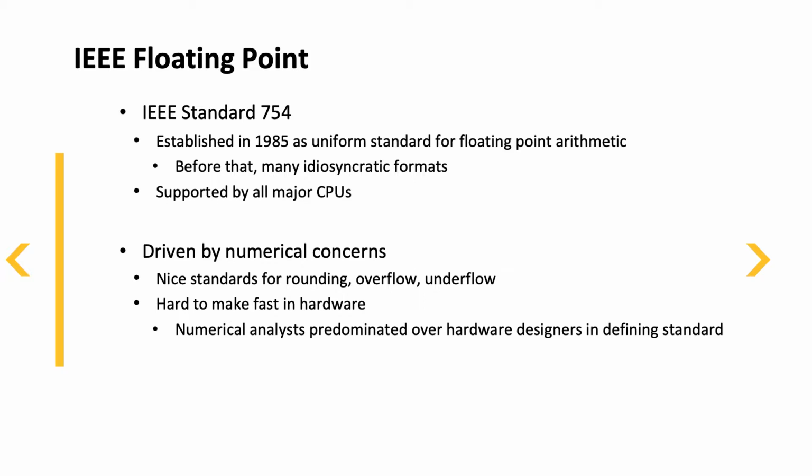Now, something we want to keep in mind is that the floating point standard was driven by numerical concerns. We've got nice standards for rounding, overflow, and underflow, but it's hard to make fast in hardware because numerical analysts kind of predominated over the hardware designers when the standard was being defined. One example of something that came out of that process is that in floating point, as we're going to see shortly, we actually have positive and negative values for 0.